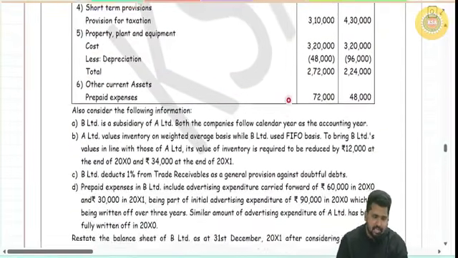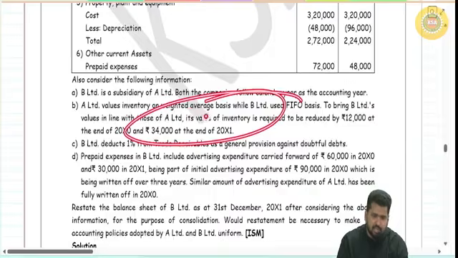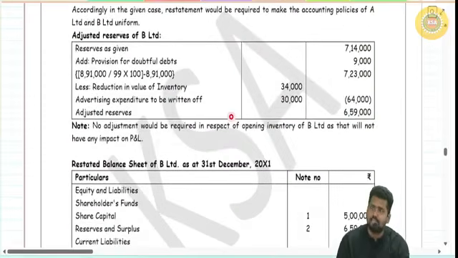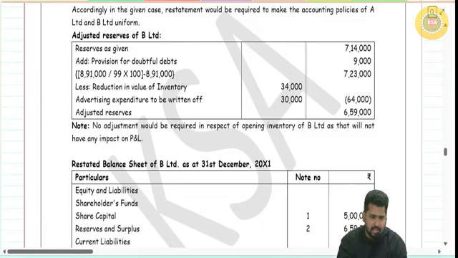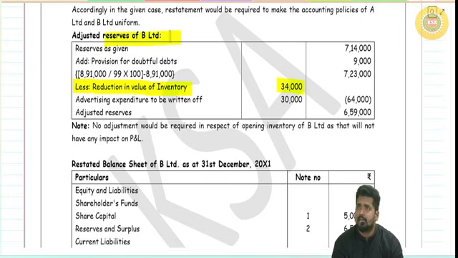Listen to how cleverly you have to understand. First, inventory: last year's closing and this year's opening are nullified, so for the current year alone we will subtract. Only 34,000 we are going to reduce from the stock of B Limited. Next, provision for bad and doubtful debts.